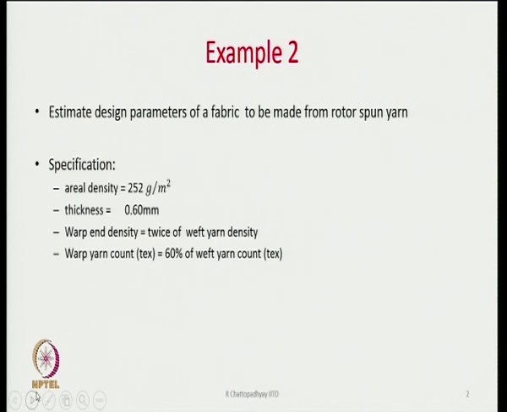So, this is the specification given, and let us say you are asked to estimate the various design parameters so that the weaver can produce the fabric. So, how to go about it now?